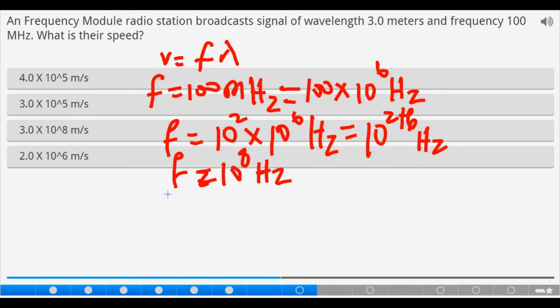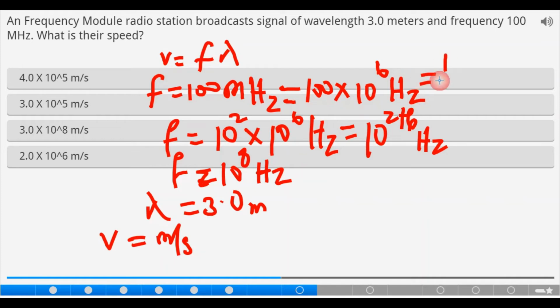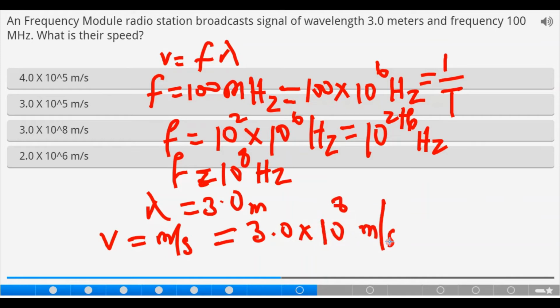Now we have our lambda to be 3.0 meters, and our velocity is measured in meters per second. Don't forget that frequency on its own is the inverse of period. So with that, we now have 3.0 times 10 raised to the power 8 meters per second.